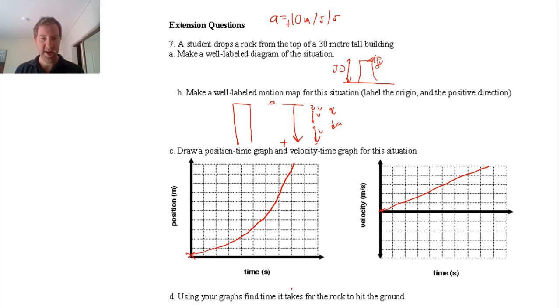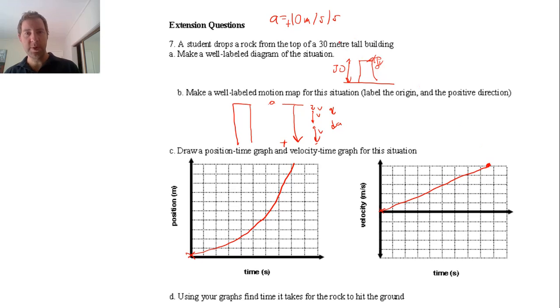Use your graphs to find out how long it takes for the rock to hit the ground. Now, this is a tough question. This is why it's in the extension questions. The time it takes for the rock to hit the ground. All right, what do I know? Here's my velocity time graph. Let's say it hits the ground at this point here.